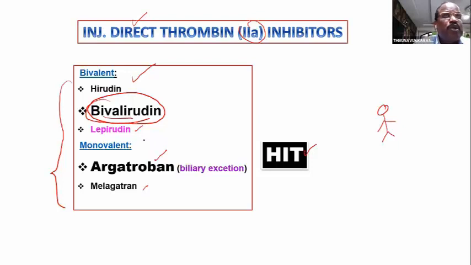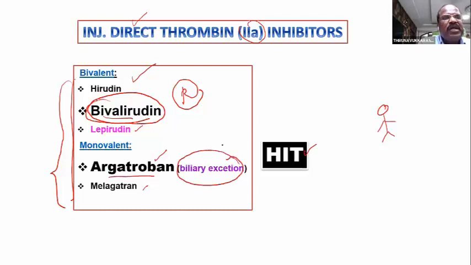Another important MCQ you should know: all these drugs undergo renal excretion, except argatroban. Argatroban undergoes biliary excretion, so it is safe in kidney failure. It's an important question. Which injectable direct thrombin blocker is safe in kidney failure? Go for argatroban because it goes through bile.